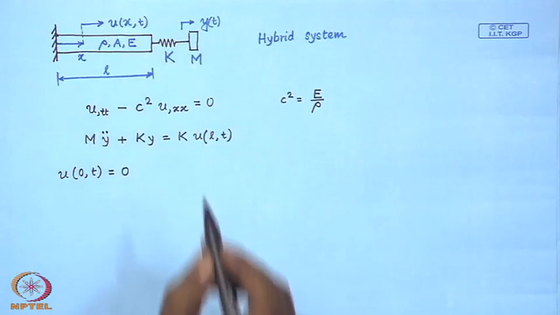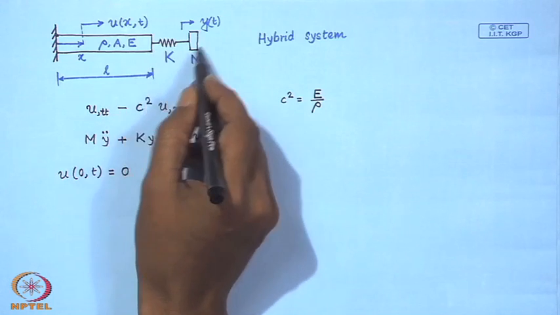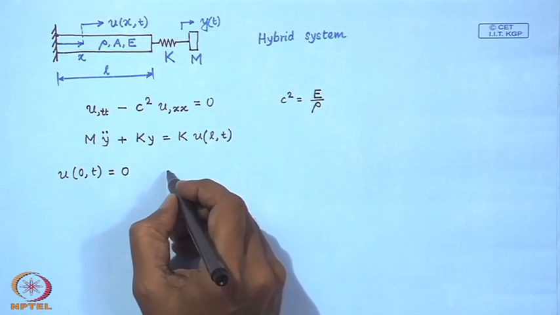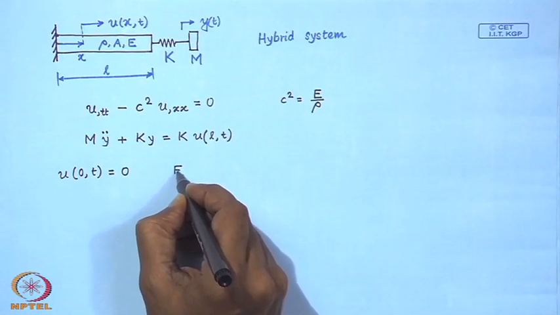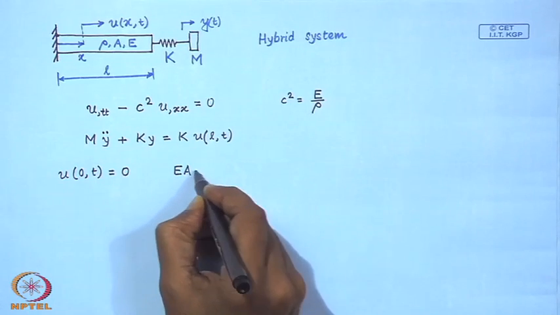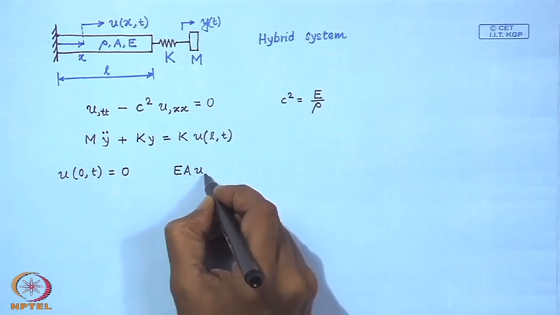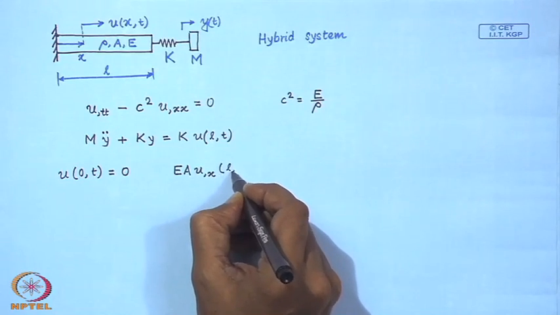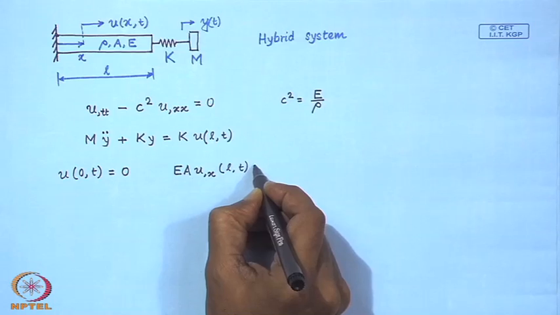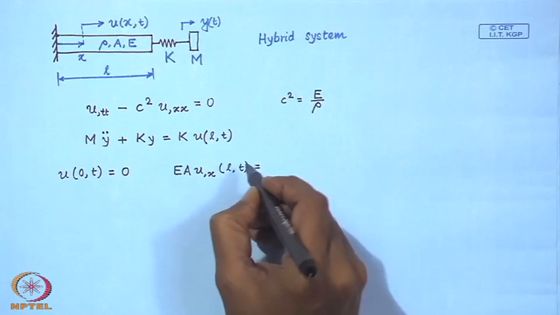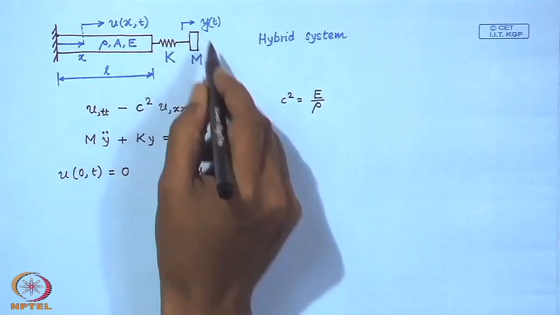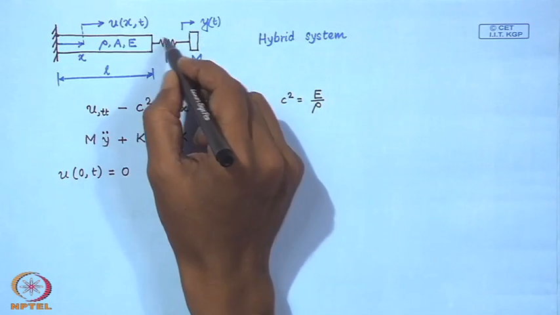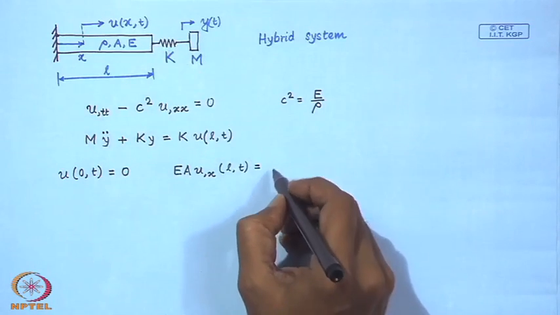On the right end of the bar we have this oscillator, so we have a dynamic boundary condition. So, this must be the force exerted by this spring at this end.